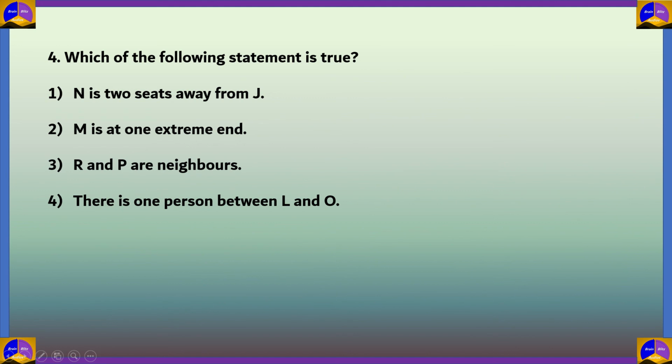N is 2 seats away from J. That's option number 1.